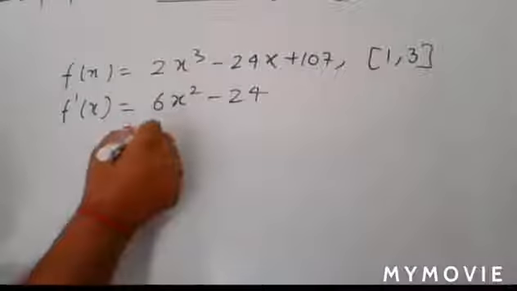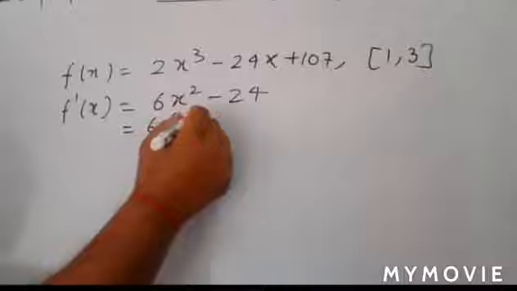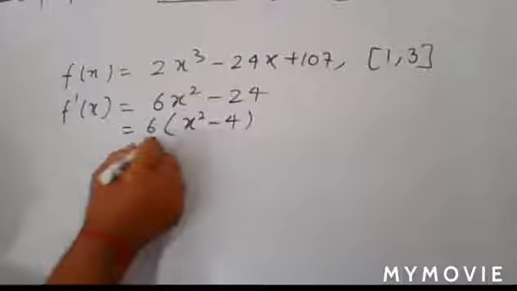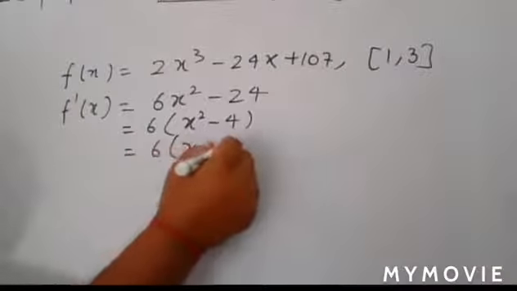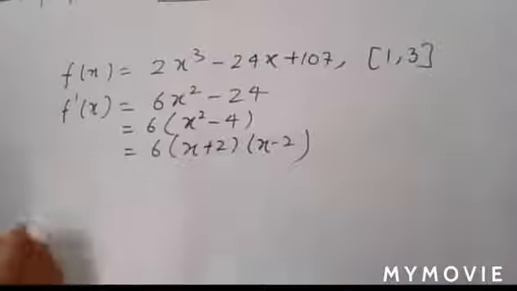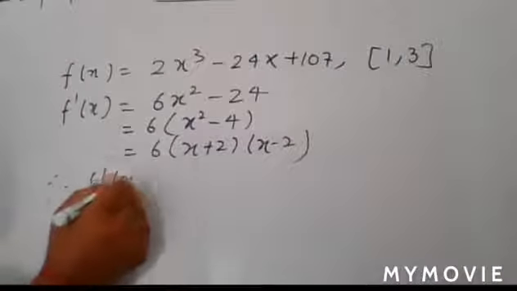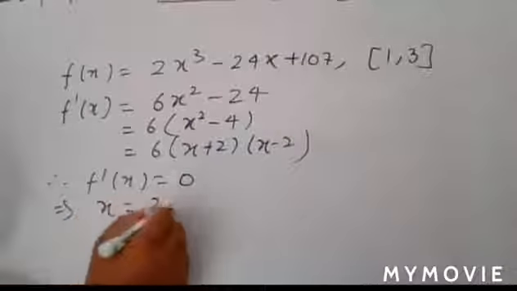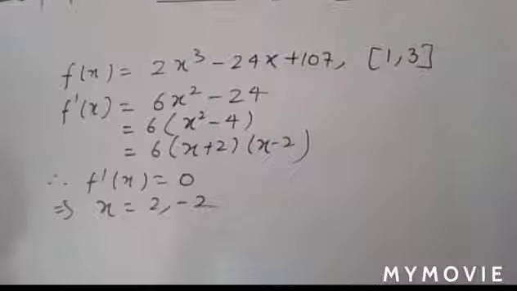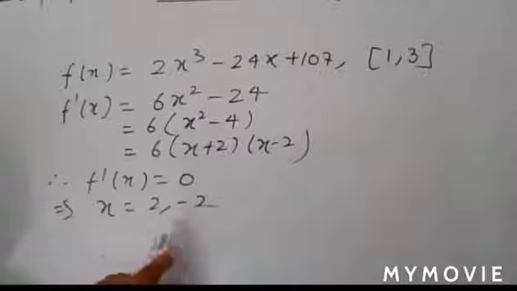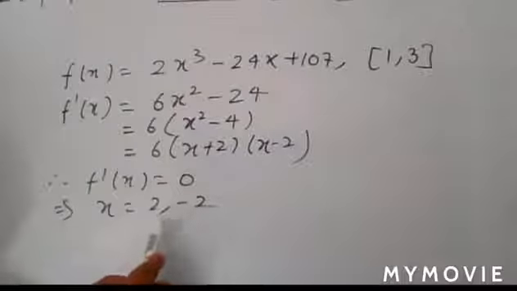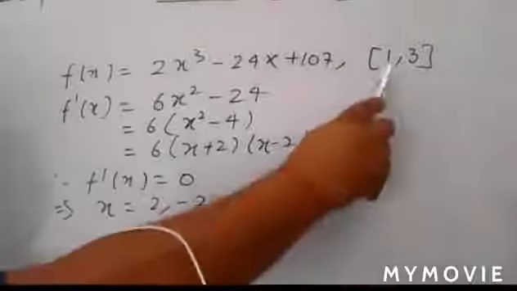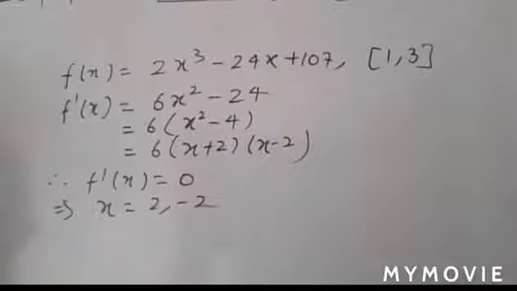Taking 6 common, you have x^2 - 4, and factorizing it, (x + 2)(x - 2). Now f dash x = 0 implies x = 2 and x = -2. Do these two values belong to the interval [1, 3]?